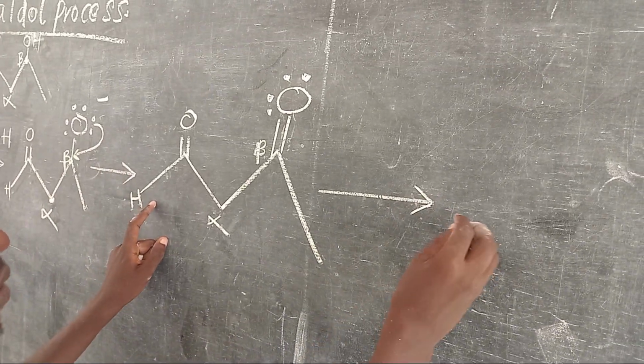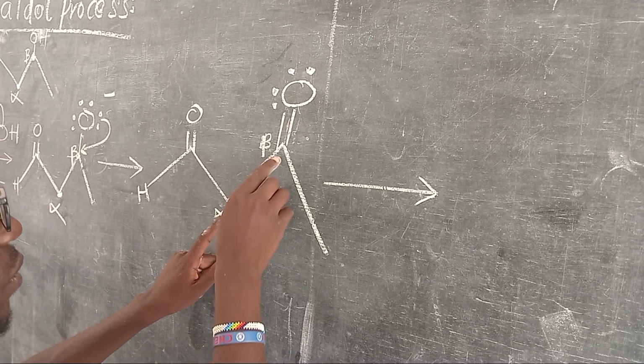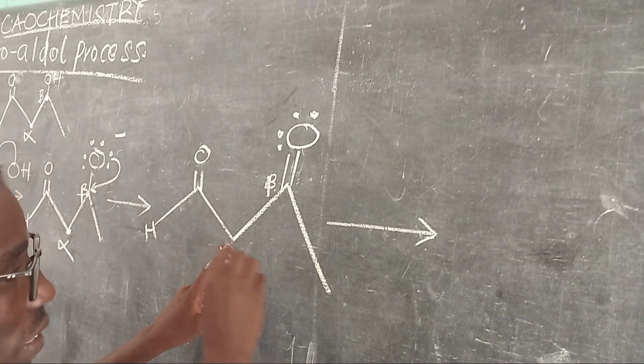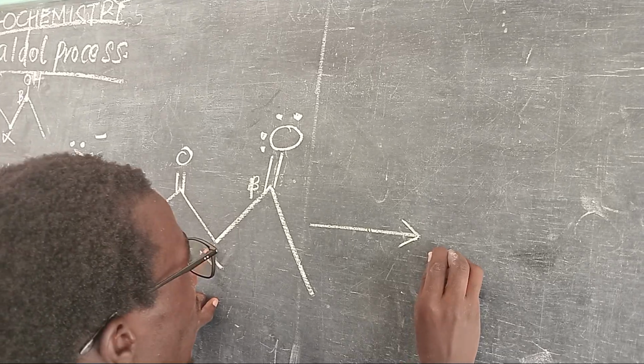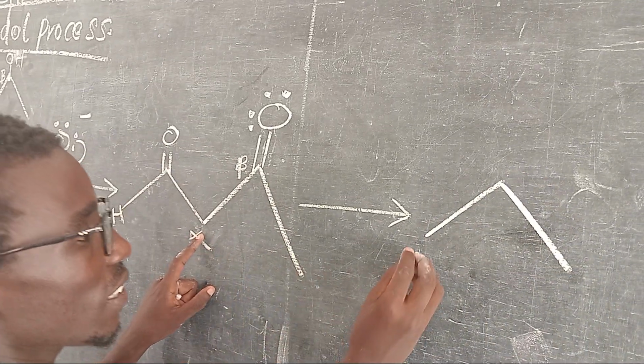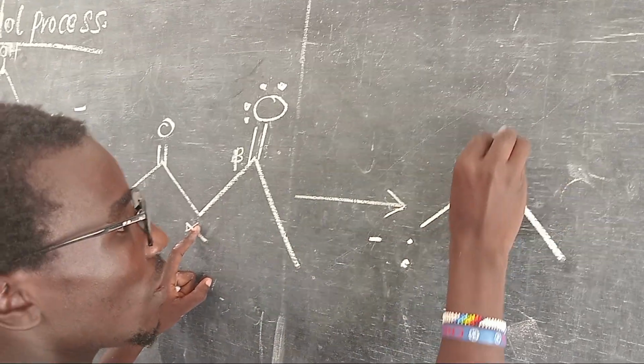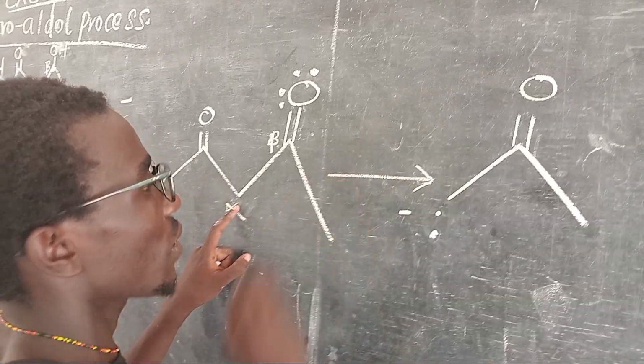So first of all, we have our enolate ion here. Of course, breaking at this point simply means that we are going to generate an enolate ion here at the alpha. So this enolate ion, and of course we have our O here.